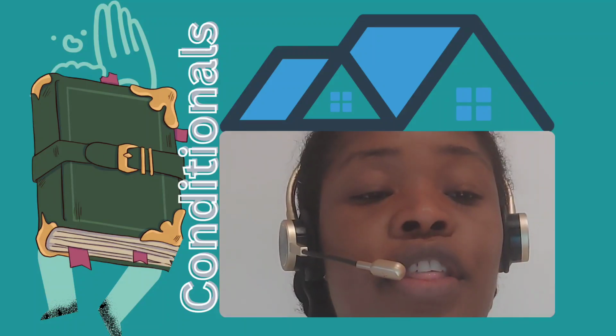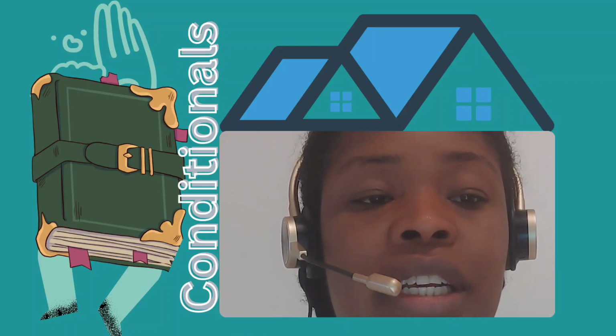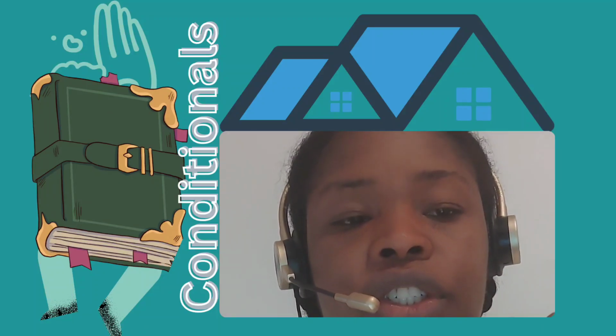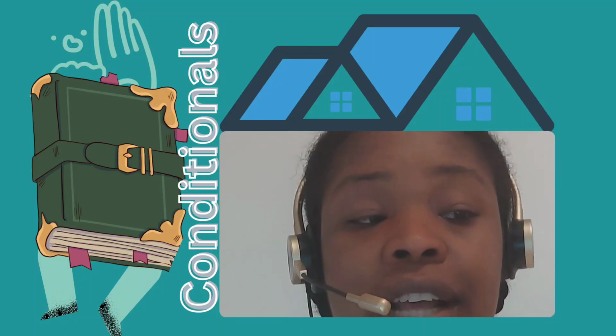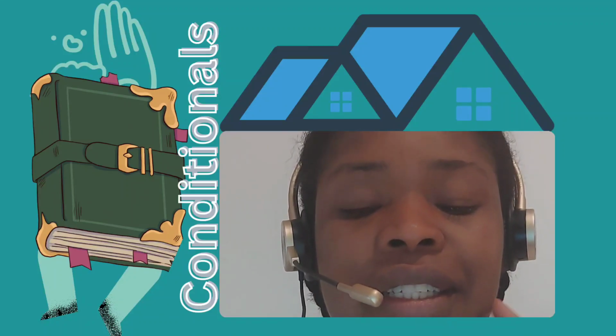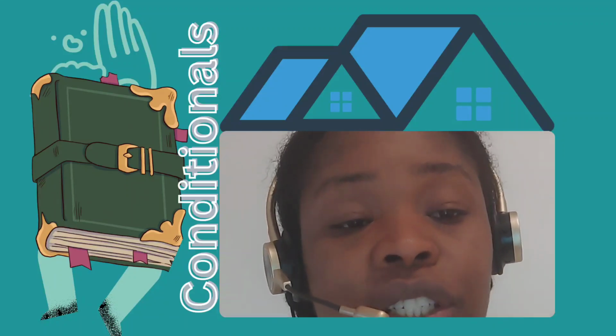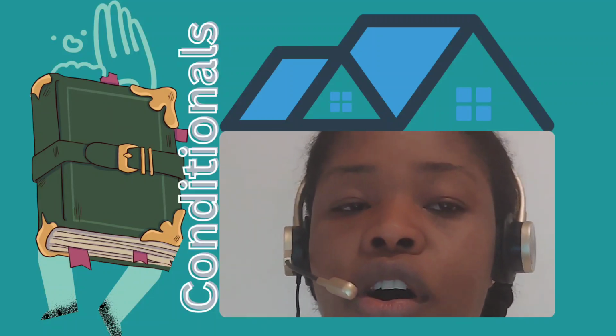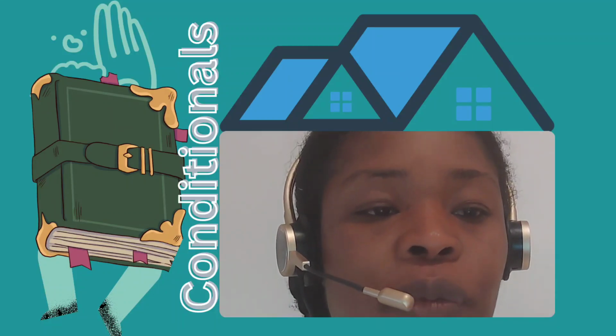Perfect. The first conditional is made up of two important structures. The first part, that's in the if clause, we also have to use the present simple tense. But in the result clause, we have to use will plus the base form of the verb. What do I mean?